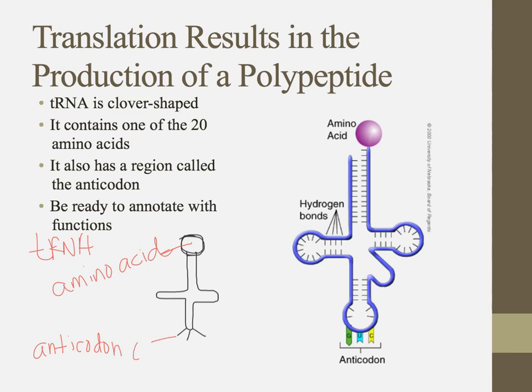And its function is to bind to a specific mRNA codon, okay? So it's called the anticodon. It's the exact opposite or complementary sequence of a particular codon. And for each specific anticodon, there's a particular amino acid.